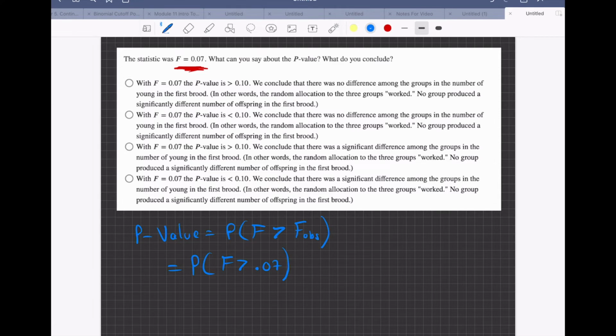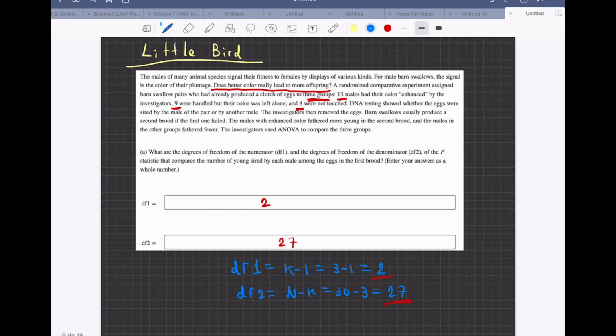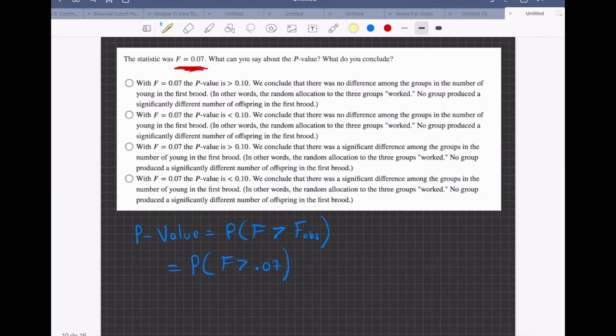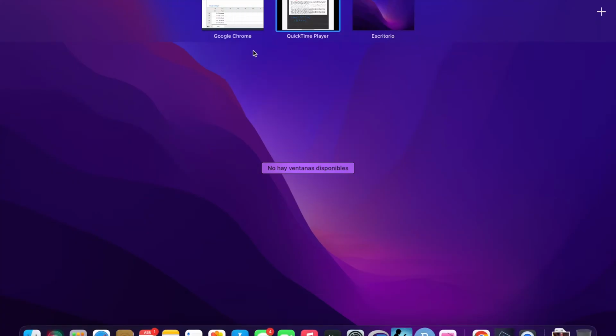Anyway, we need to compute this. To compute the p-value, you are going to need the degrees of freedom, in this case from the numerator and from the denominator, 2 and 27. So we have to use Minitab, of course.